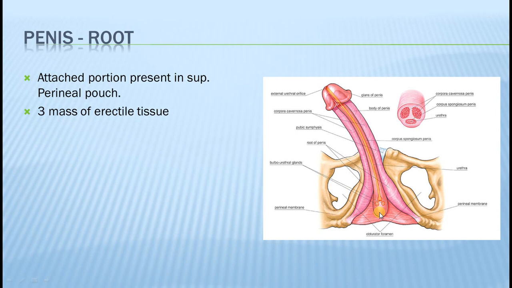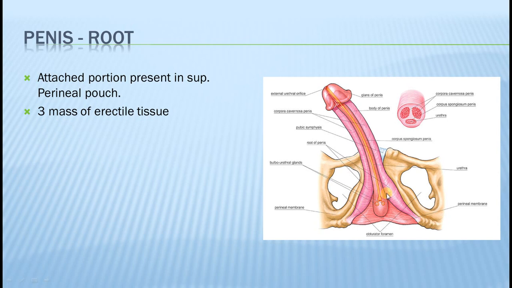Why is it called corpora cavernosa? If you take a section, you are able to see that these two have numerous spaces. I'll come to it later. The corpora cavernosa form the crura of the penis, and in the midline the bulb of the penis, which is traversed by the urethra.